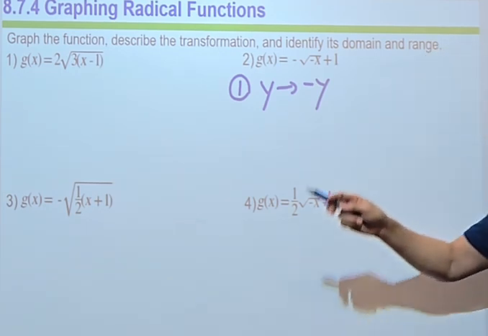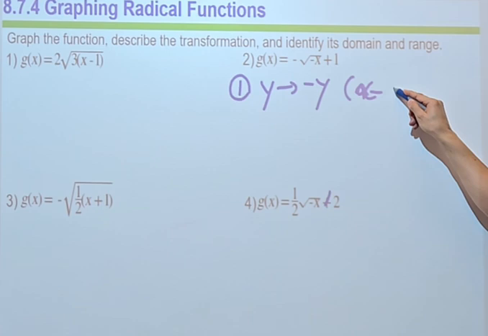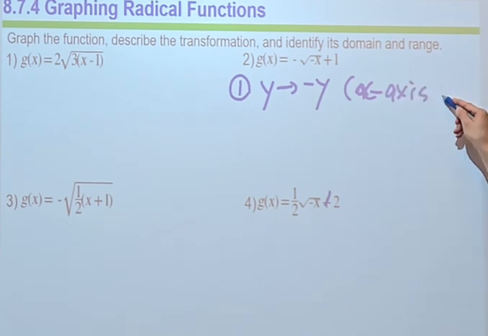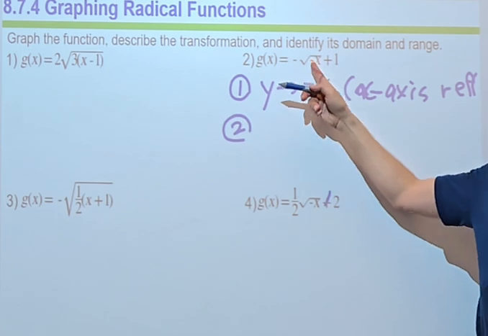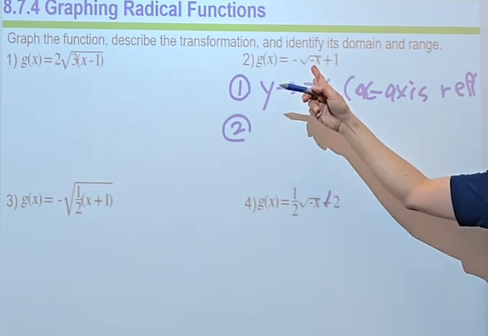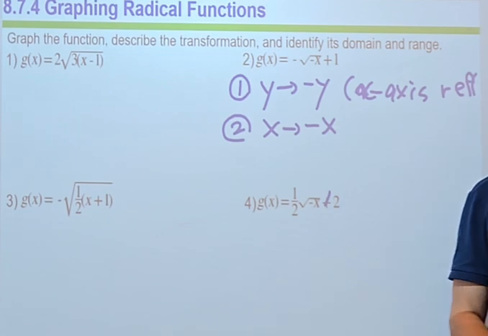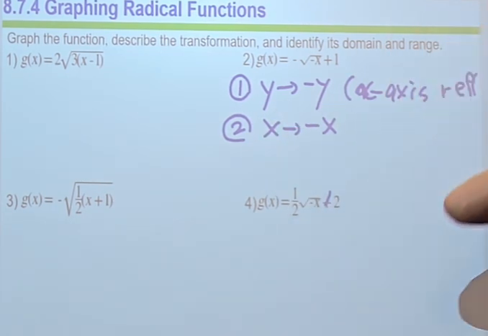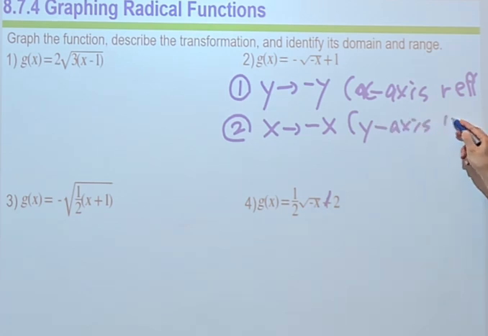So that means x-axis reflection. Everybody got it? And here, inside I see a negative sign. Inside x negative means x becomes negative x, right? That's y-axis reflection.